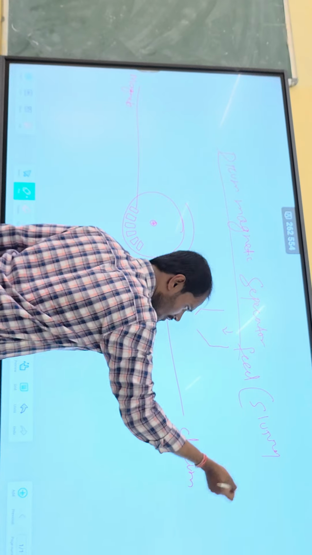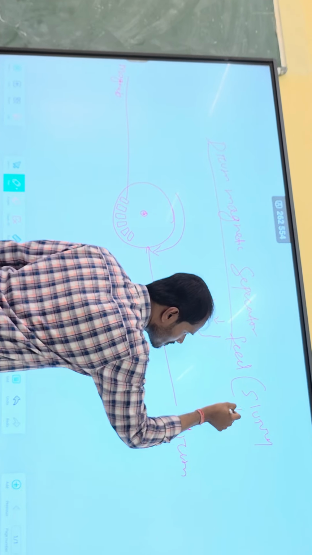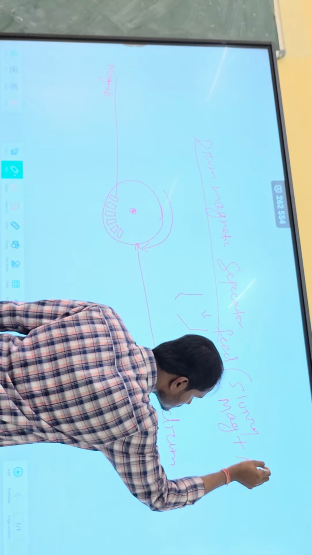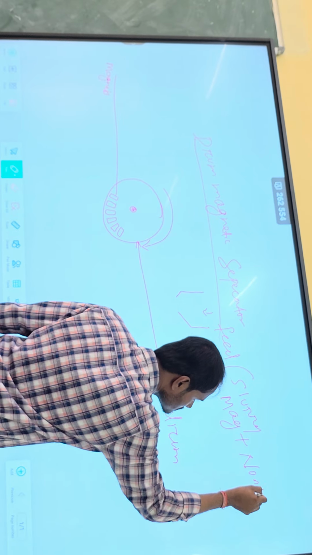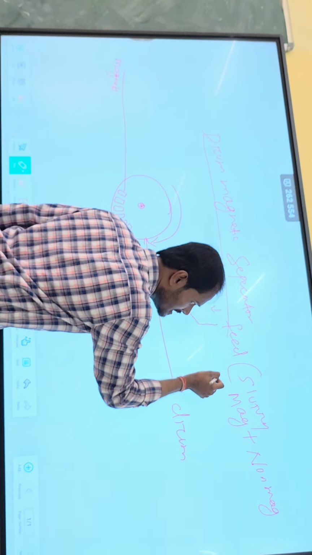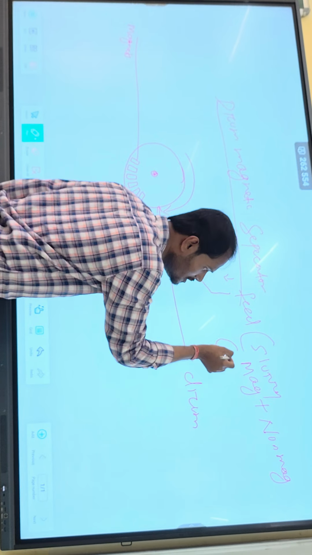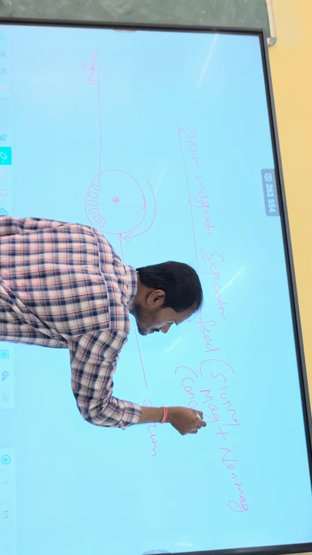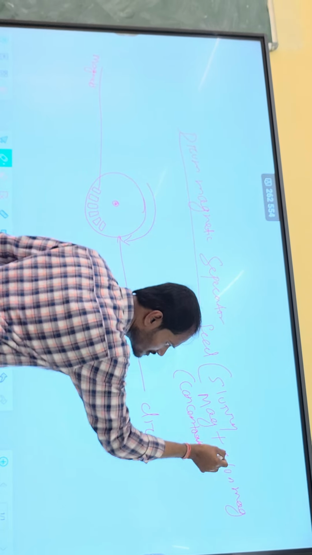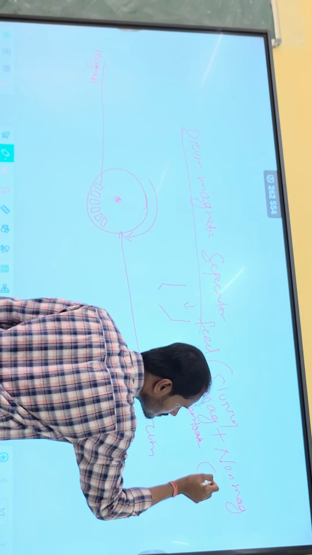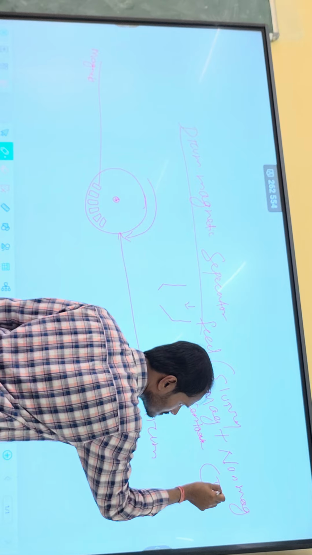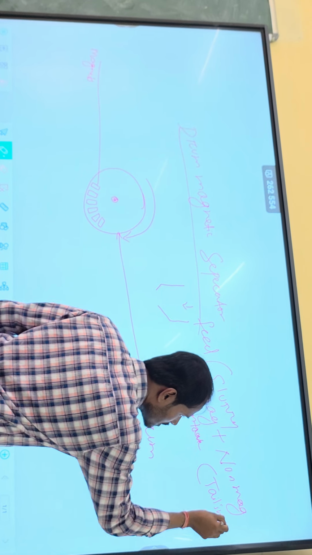Slurry means I can simply write mag plus non-mag. Mag will be your concentrate, and this non-mag will be mostly gangue, or in other words tailings.